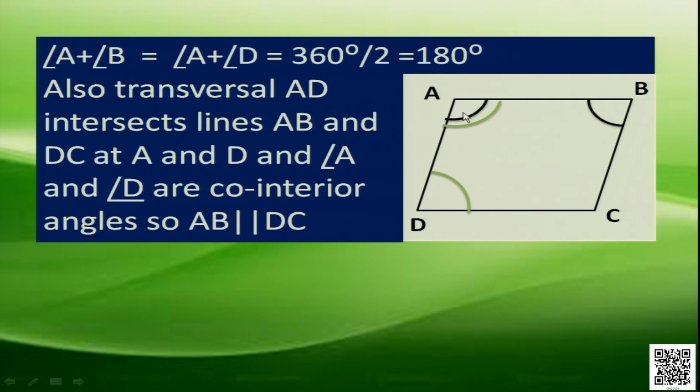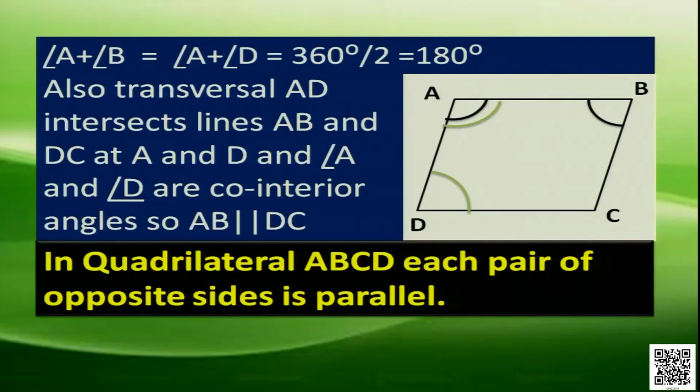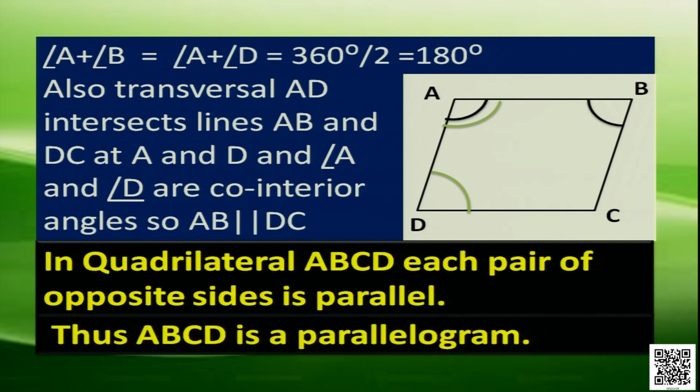So as co-interior angles are supplementary, the lines AB and DC are parallel. As we know, in a quadrilateral, if the opposite sides are parallel, then that quadrilateral is a parallelogram. So we can write that in quadrilateral ABCD, each pair of opposite sides is parallel, so ABCD is a parallelogram.